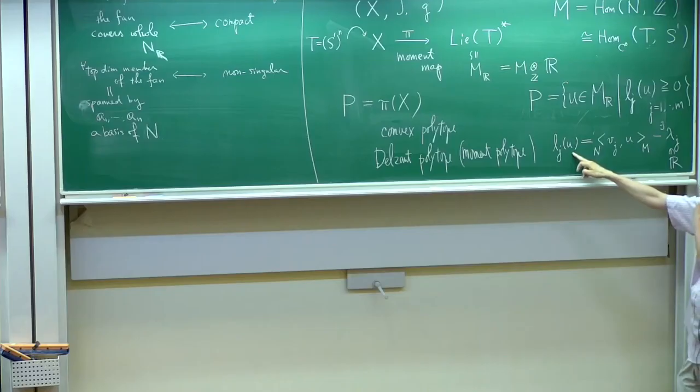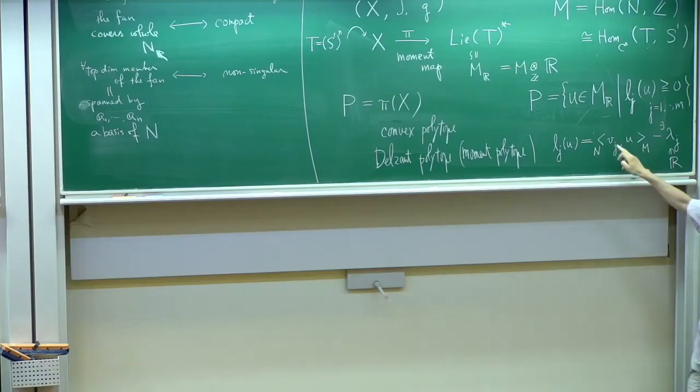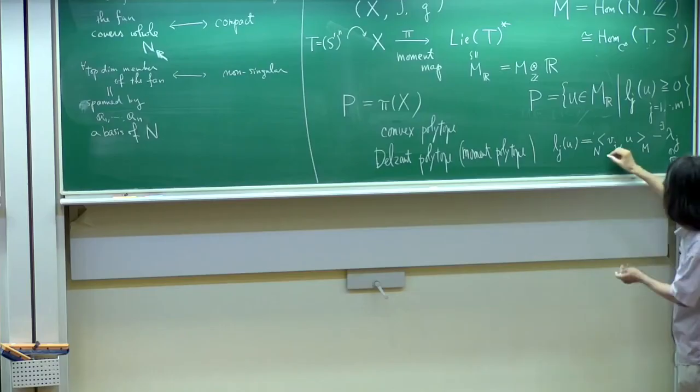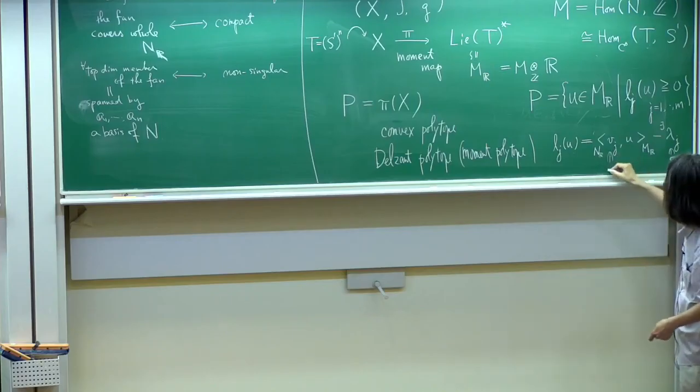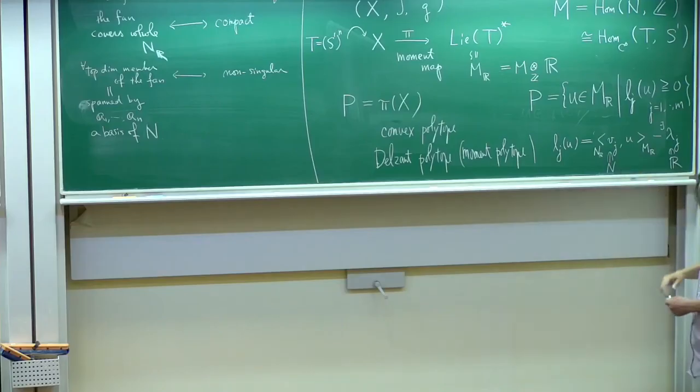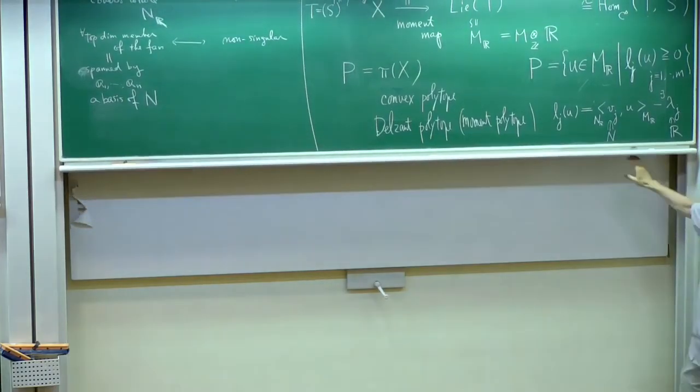This affine function is defined in this way. So u is an element of M, and the linear part is defined by a certain vector in the dual space, and this is v_j. And in this case, this is not just an element in the dual space, but it actually lies in N, where M_R and N_R are paired as dual vector spaces. So it is an integral point. And this lambda_j is just a constant term, which may be a certain real number here. Okay.